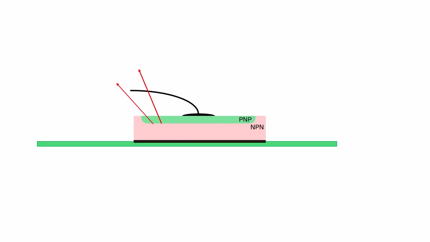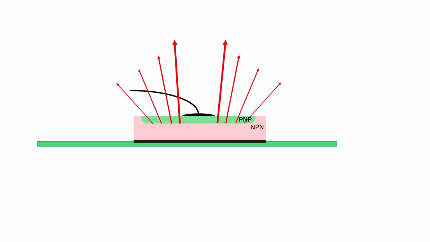In the area of the contact point, there's a high current density generating a high light intensity. Further away from the point of contact is a smaller current with a low sender light intensity. The light radiates in all directions, is attenuated by the silicon or exits at the sides.